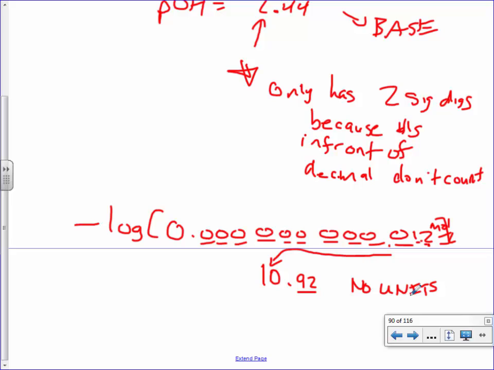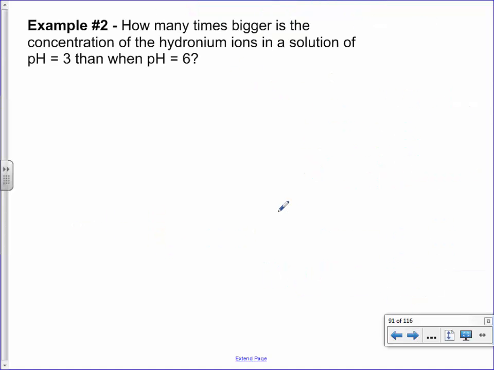One last example, then I'll do a summary, then we can take a break here. Let's say that I gave you a solution with a pH of 3 and a solution with a pH of 6. I want to ask you, how much more hydronium is there? Okay. What's the formula to find hydronium? Anybody remember off previous slides a formula that gets us hydronium concentrations? 10.